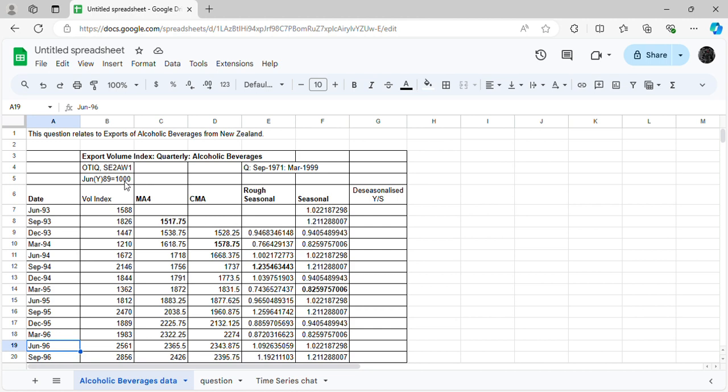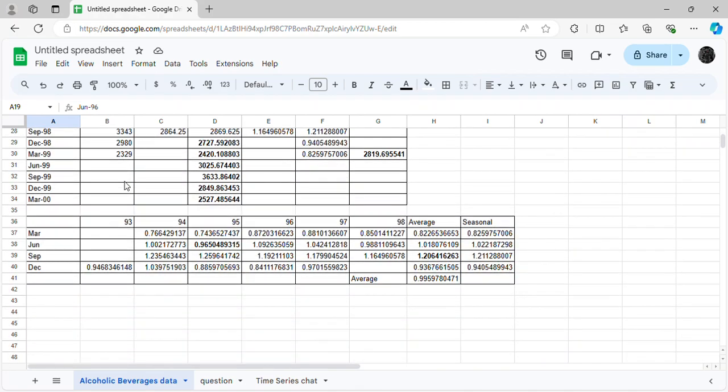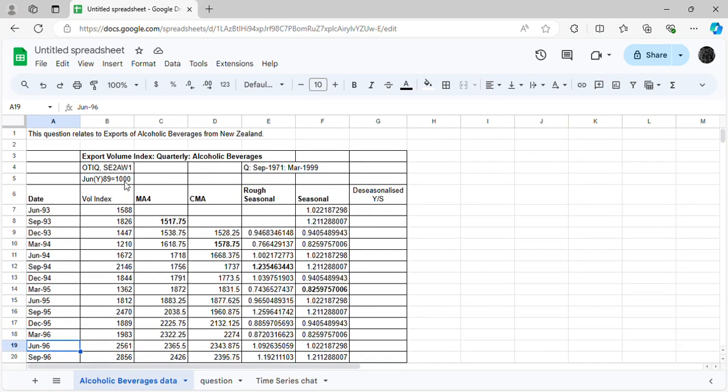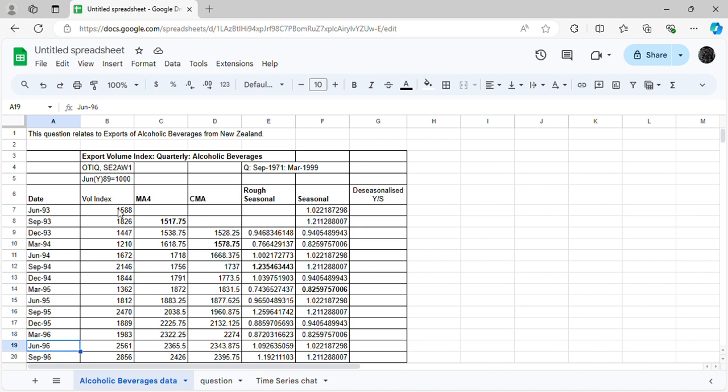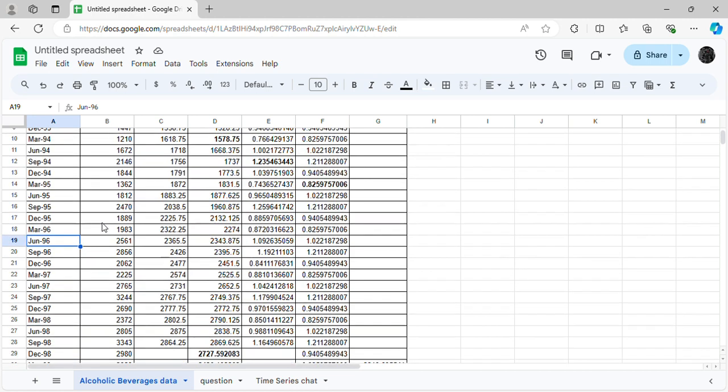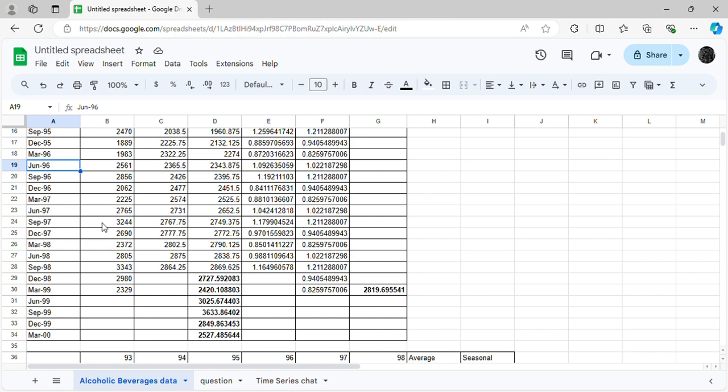Okay, so now the export volume index is given for June 1993 every quarter up to March 1999.